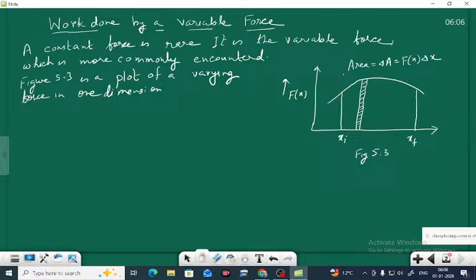Suppose this displacement is very small, del x, this is del x, right?